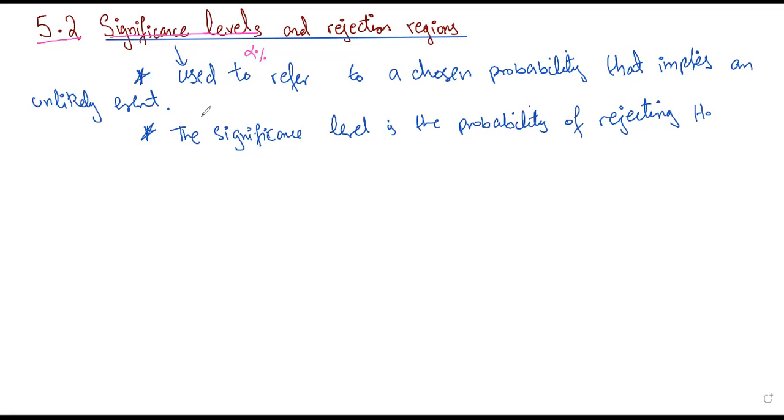Right. Now significance level is used to refer to a chosen probability that implies an unlikely event. First thing, just like confidence interval, significance level would be given in the question. So you don't have to do anything with significance level. You will not be finding it.